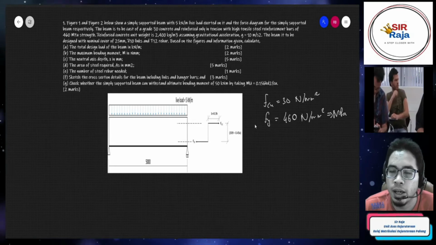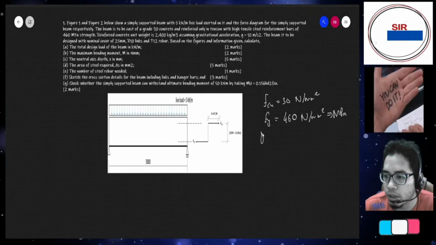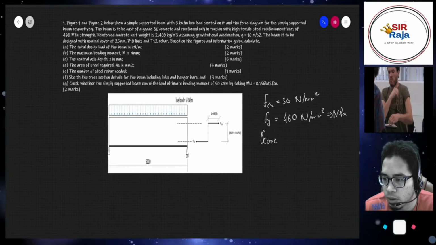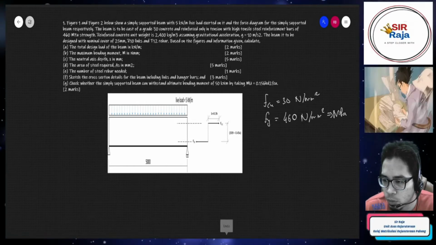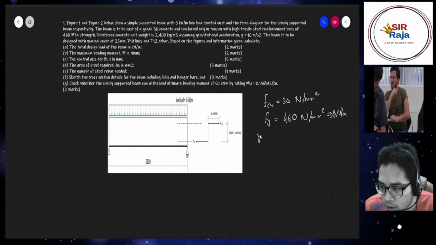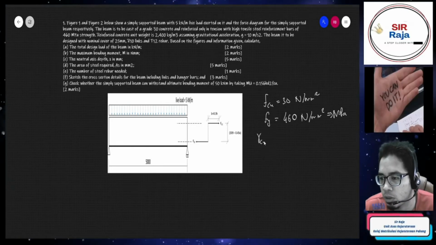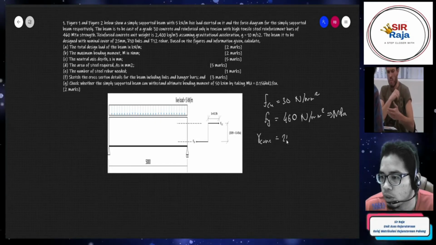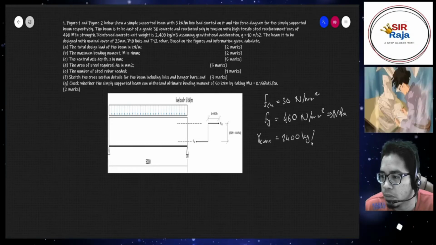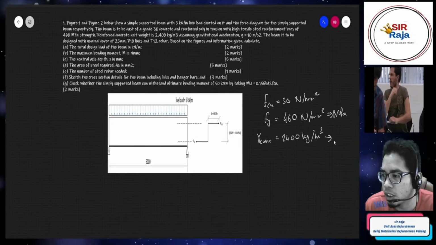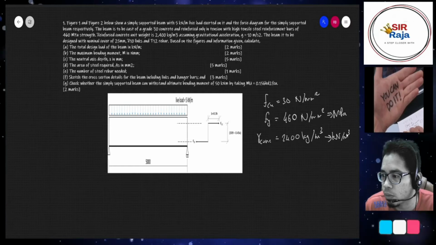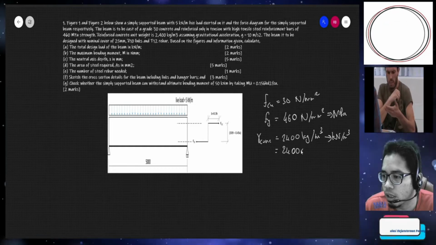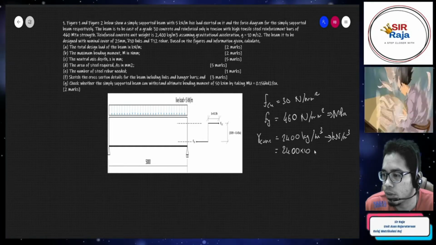Alright, reinforced concrete unit weight, so the unit weight of concrete. I just want to make sure that you don't get confused. It's actually spelled like this, gamma. So this is the unit weight of concrete. It's 2,400 kg per meter cube. If we change it to kilonewton per meter cube, it would be 2,400 times 10, which is the g.